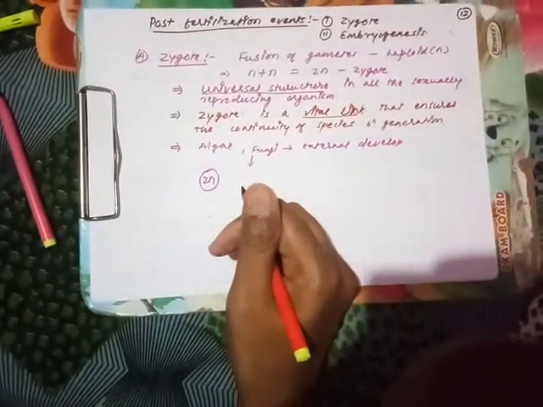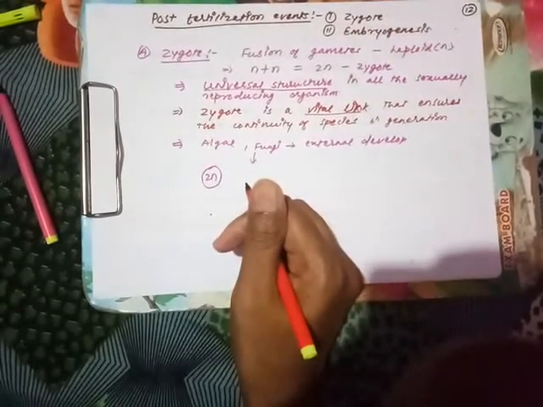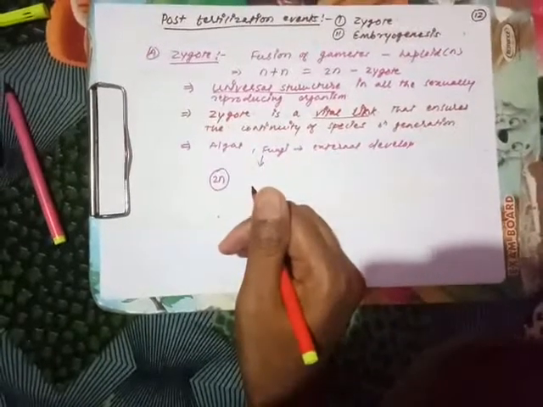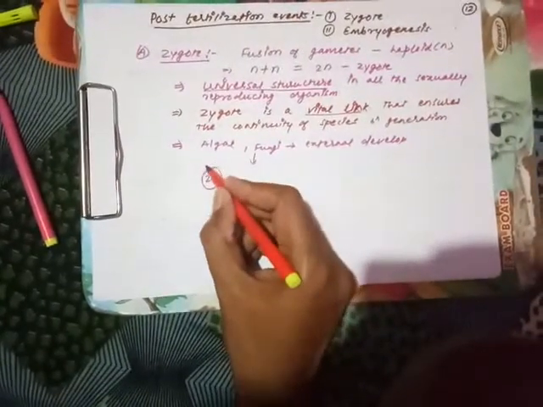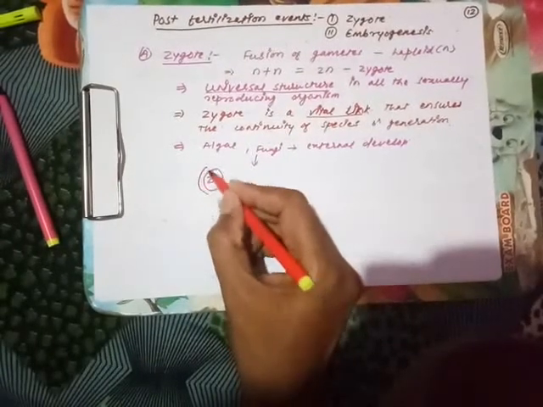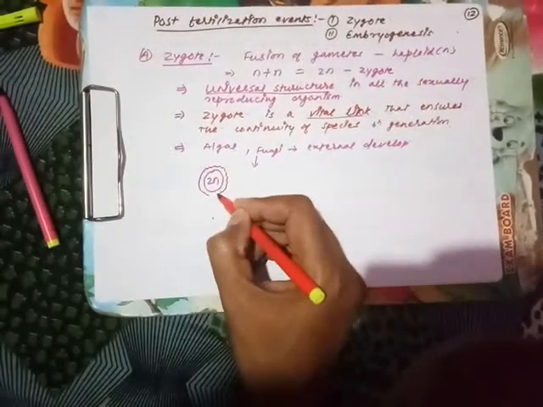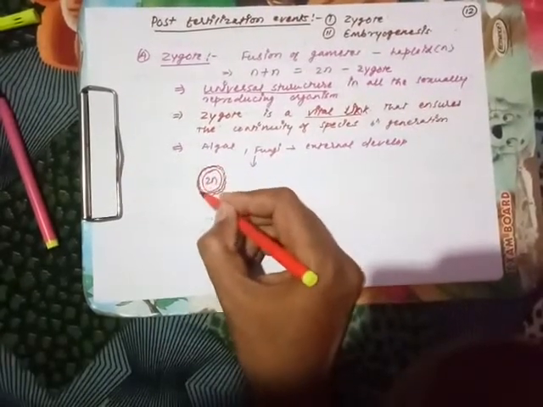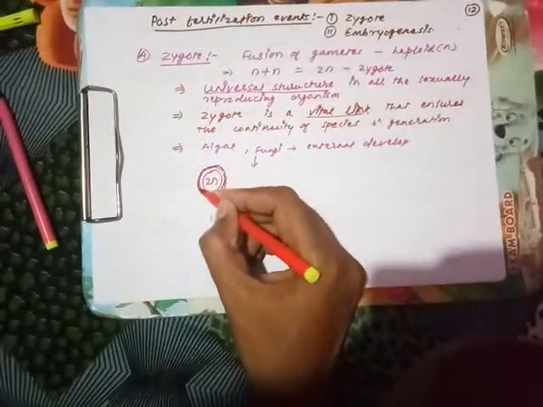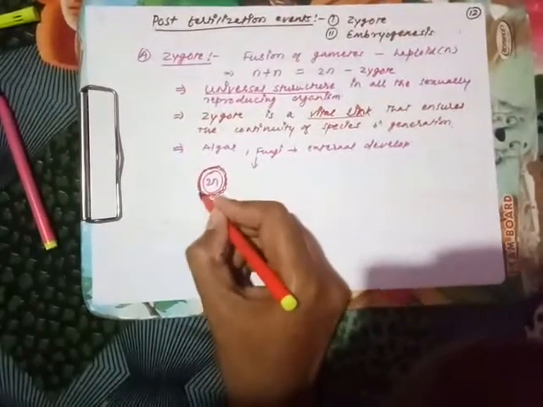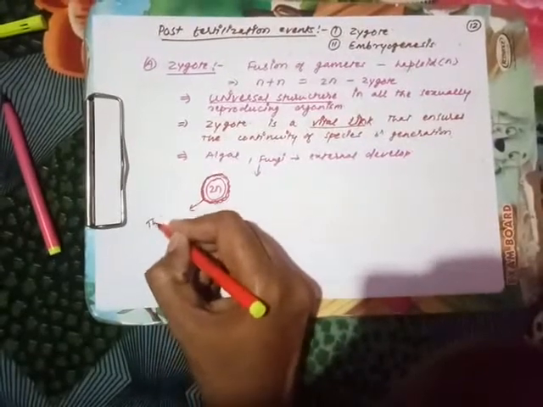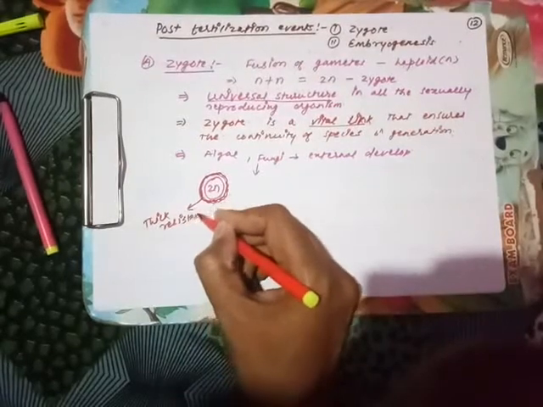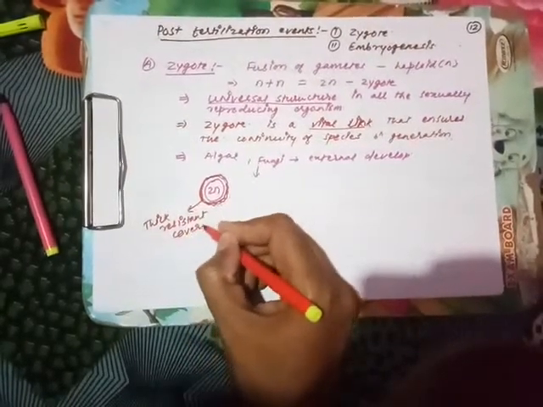The aquatic medium is full of dangers by which the zygote can get desiccated, damaged, or destroyed. To stay safe against such dangers, these organisms develop a thick, resistant protective covering around the zygote.